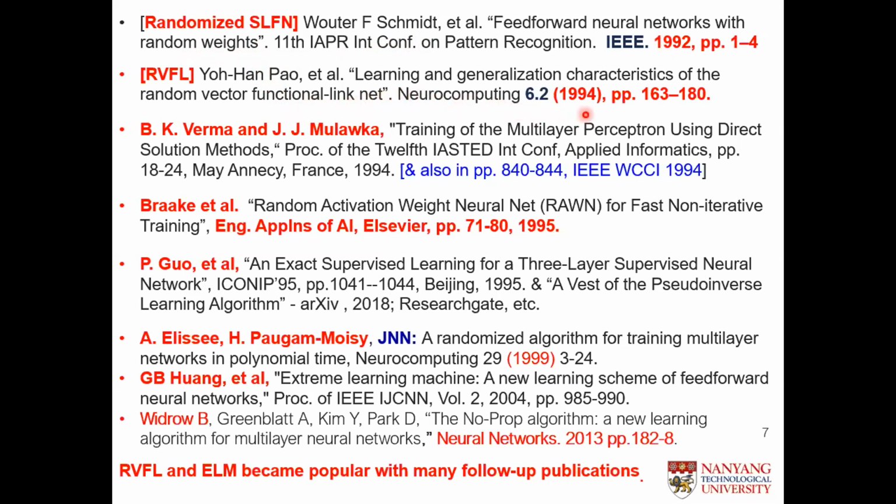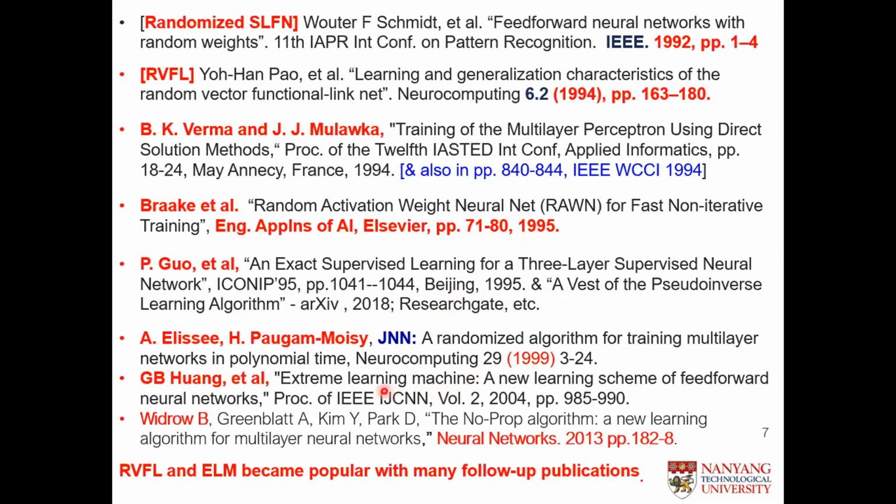This one was published in 1994, and we are mainly focusing on RVFL because it performs better compared to all the others. Then of course there are a lot more independent proposals of the same concepts. In 94 we have this one, and then in 95 another one, published in the ICONIP conference. Then there is another version in 1999.